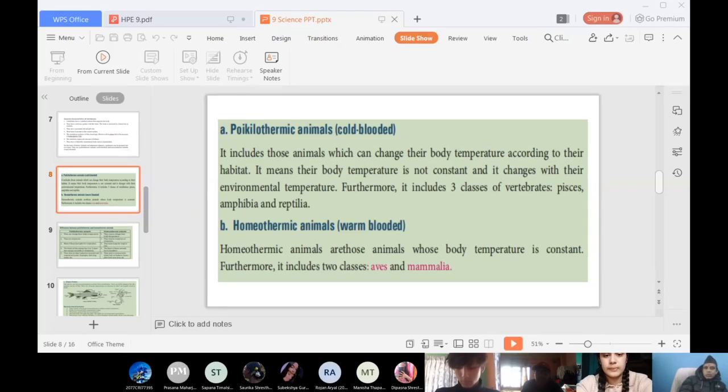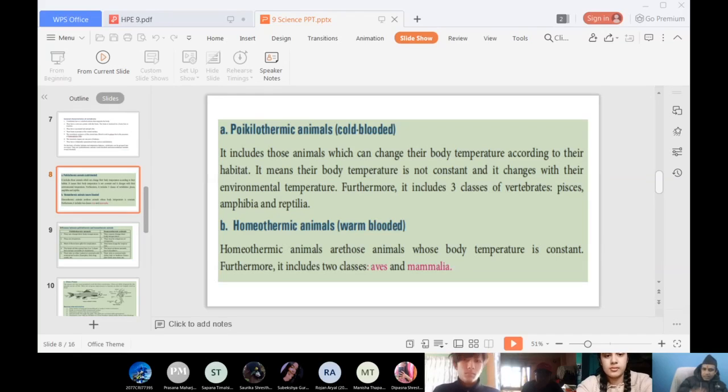Poikilothermic means those animals which can change their body temperature according to the habitat or surrounding. If they are living in a cold place, their body temperature goes low. But if they are staying in a warm place, body temperature goes up.